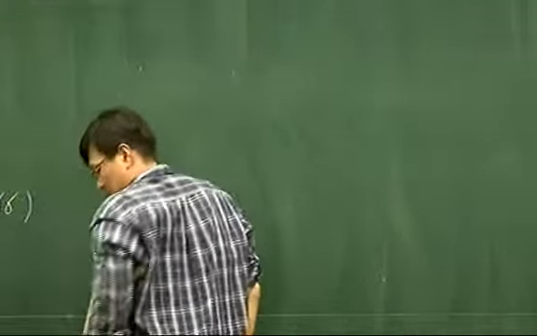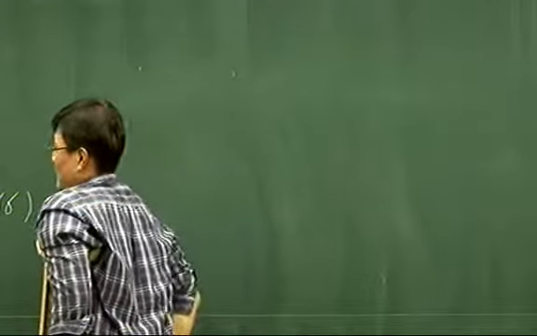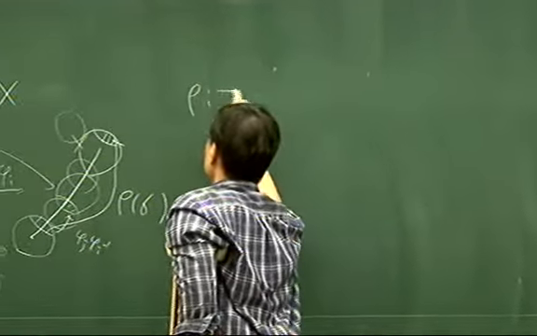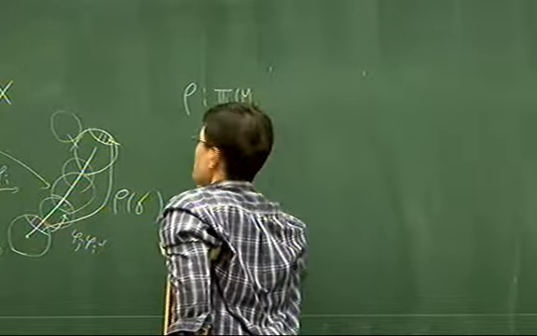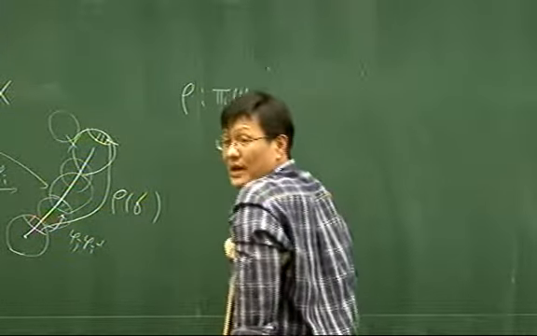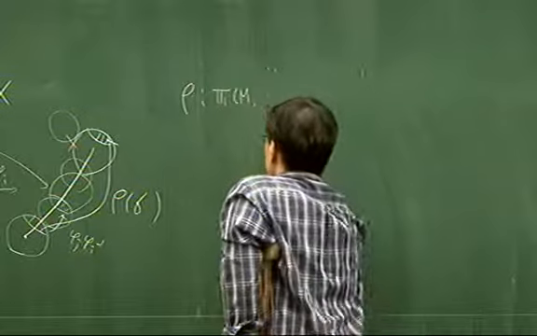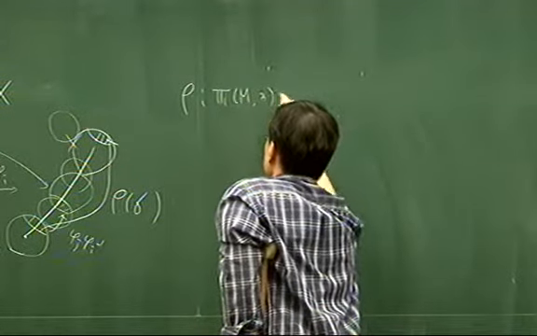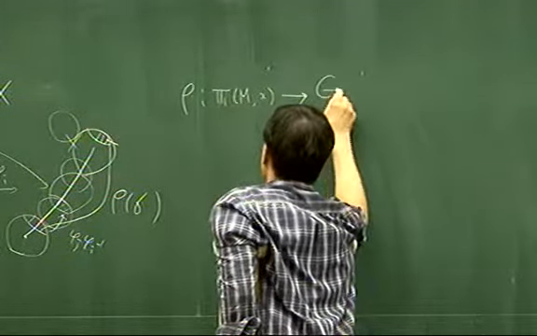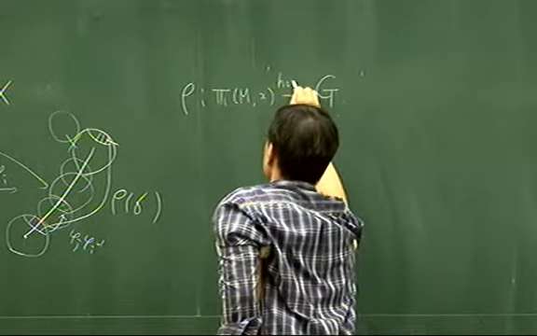This rho is called a monodromy. If you fix some base point x, you can define this homomorphism.